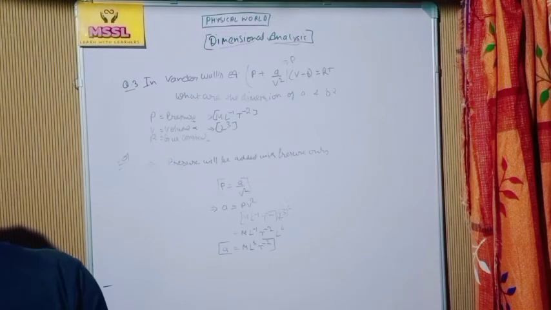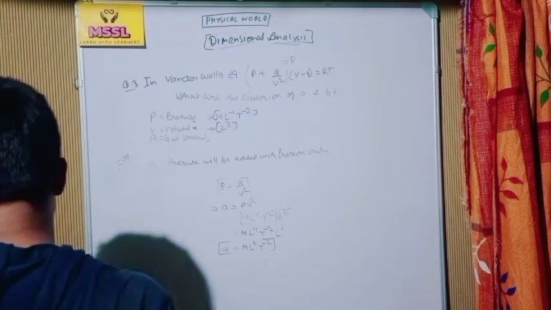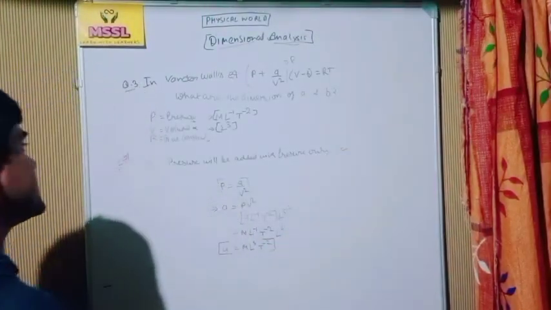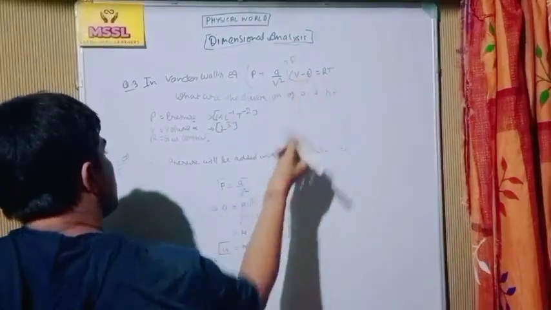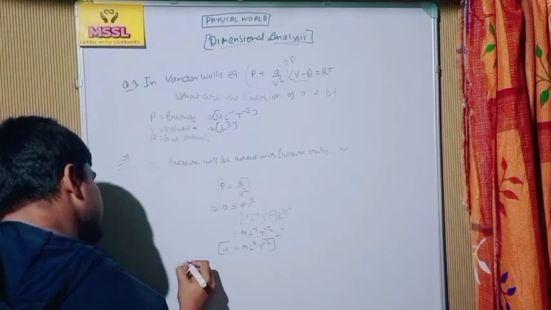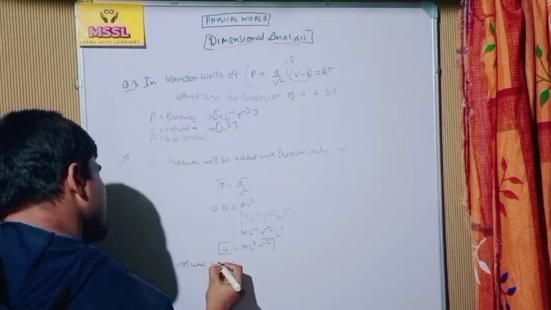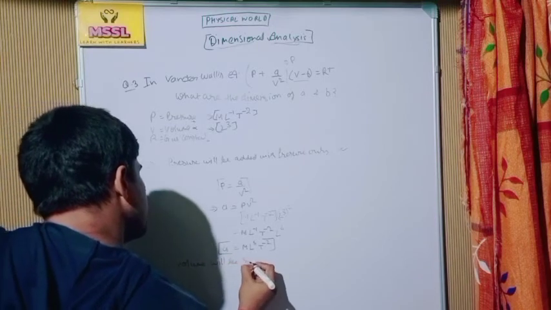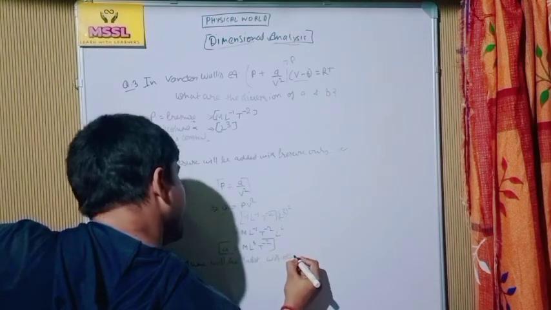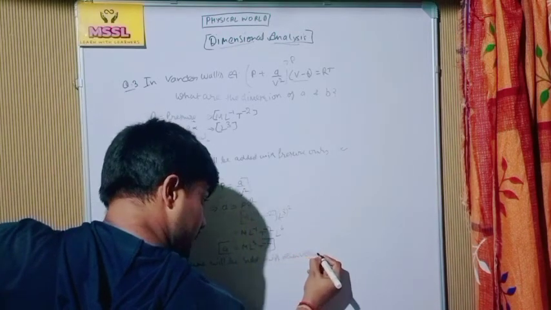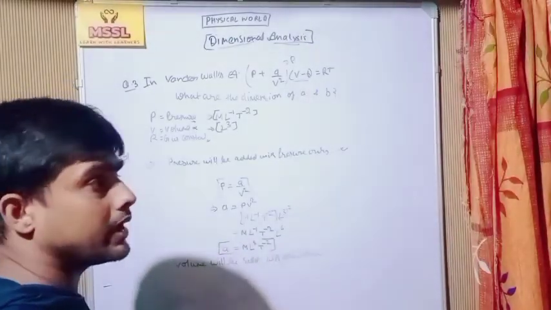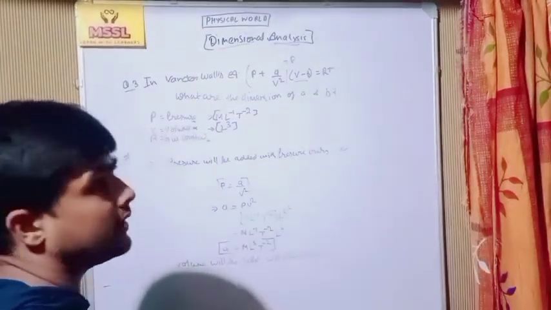Now the same statement applies to this also: volume will be subtracted with volume only. One volume can be subtracted from another volume only. We cannot subtract volume minus area, right?